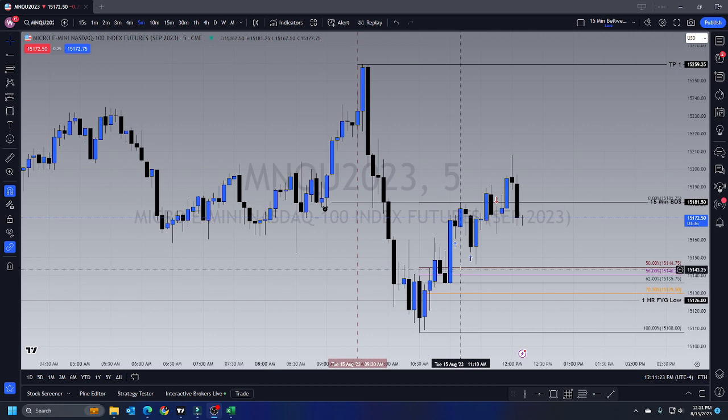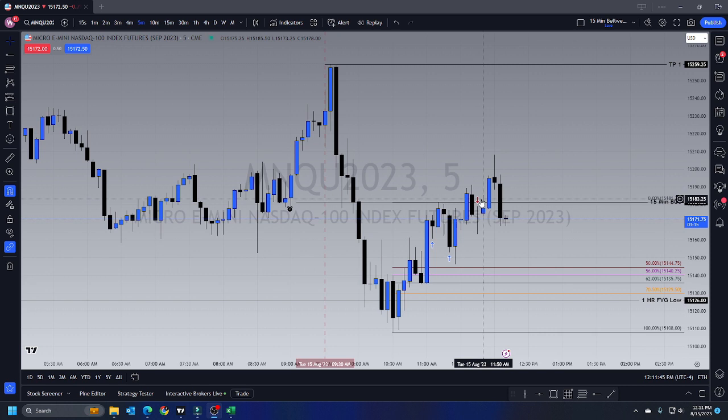The exact level of where I had my limit order was at 15144.75. You can see we use this low and then this swing high in order to enter here in the middle of this 5-minute fair value gap, and then I had a limit order for 2 more down in here. We did get stopped out on this trade. You can see right at the bottom of this wick.